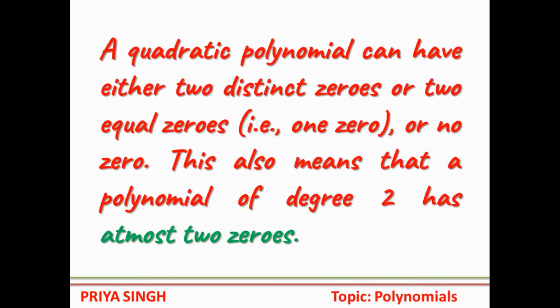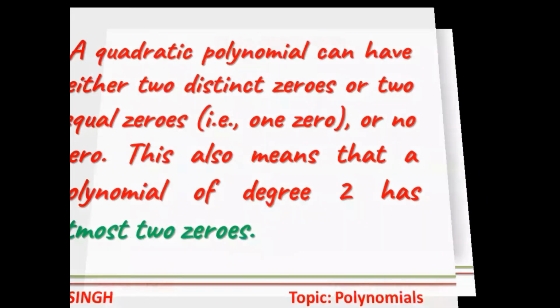That means a quadratic polynomial can have a maximum of 2 zeros. Till now we realize that linear has only 1 zero, the maximum number of zeros in linear is 1, and the maximum number of zeros in quadratic is 2. Now let us check for cubic.